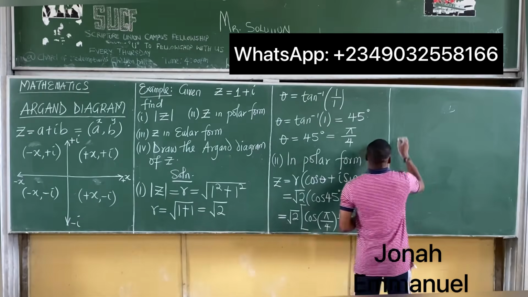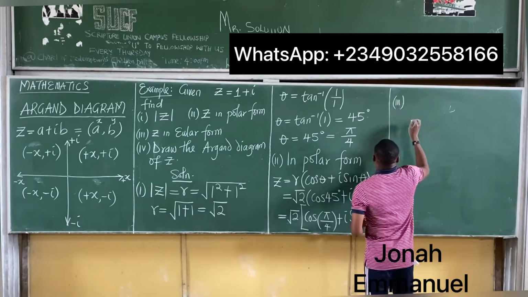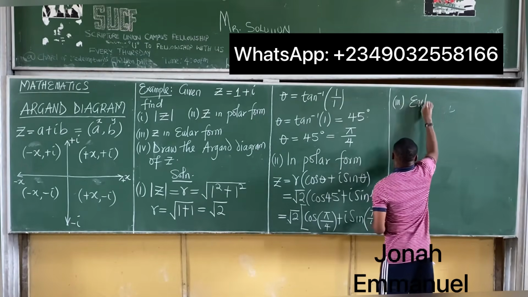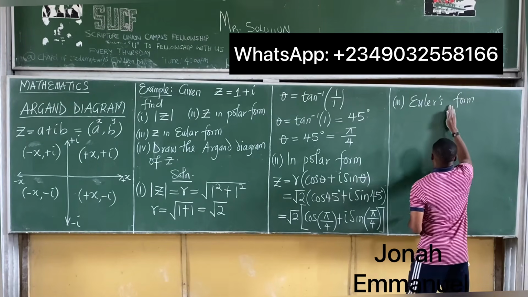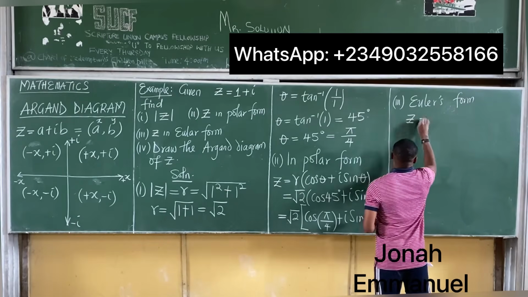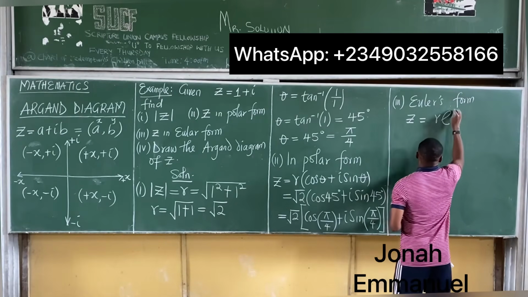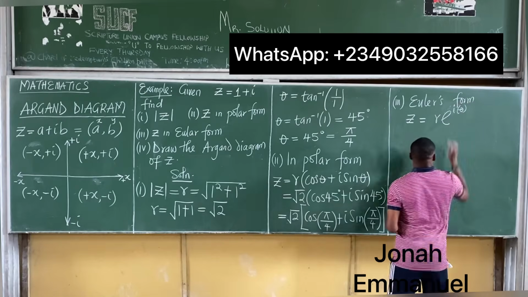III says in Euler's form. In Euler's form, don't forget we said z is equal to r exponential i times theta.